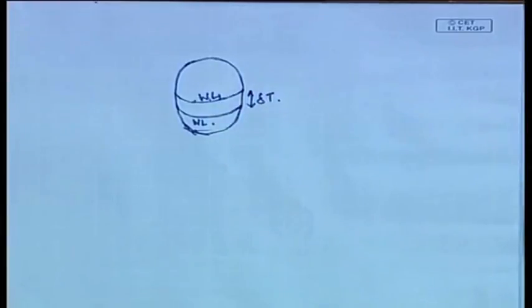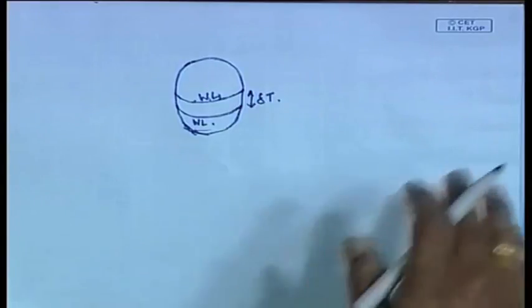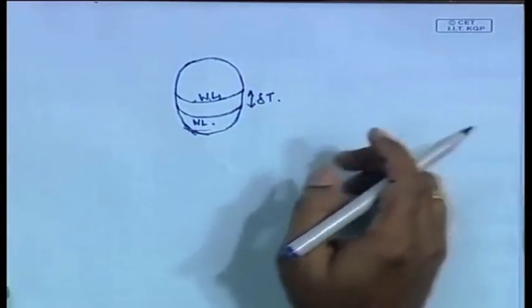So, the body initially at WL has gone up to W1 L1 because it has dipped or submerged by an additional amount of delta t.